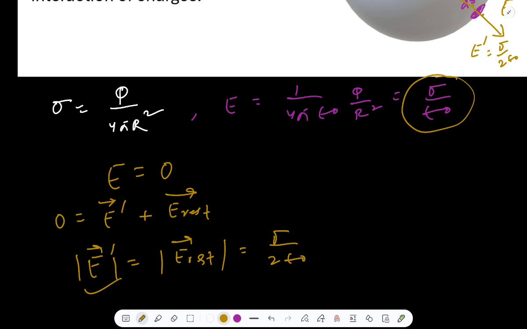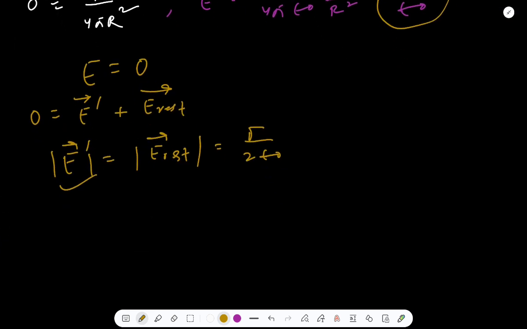Now we would like to write the expression for the force acting on the charge of this patch from the other charges on the sphere. Of course this small patch will have a charge dq, and it would be sigma ds, because the surface charge density is sigma, and ds is the surface area of the patch.